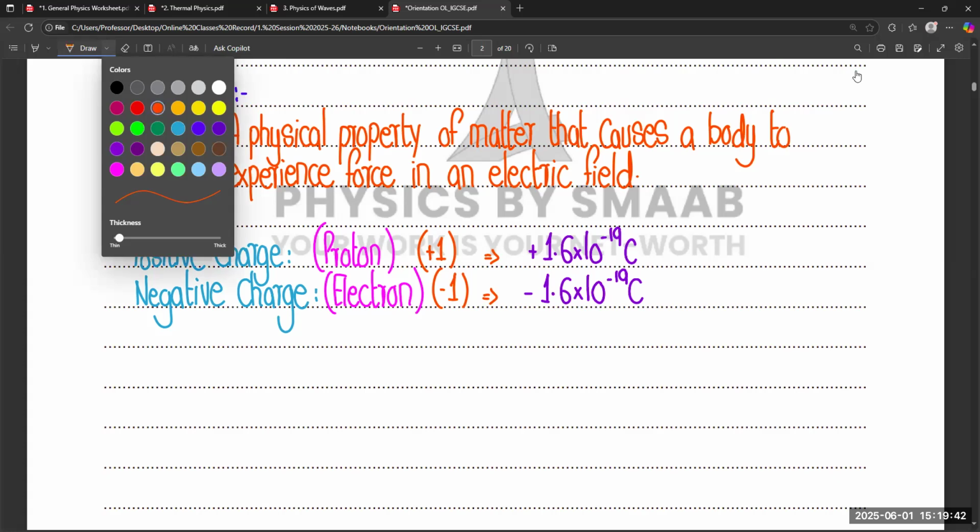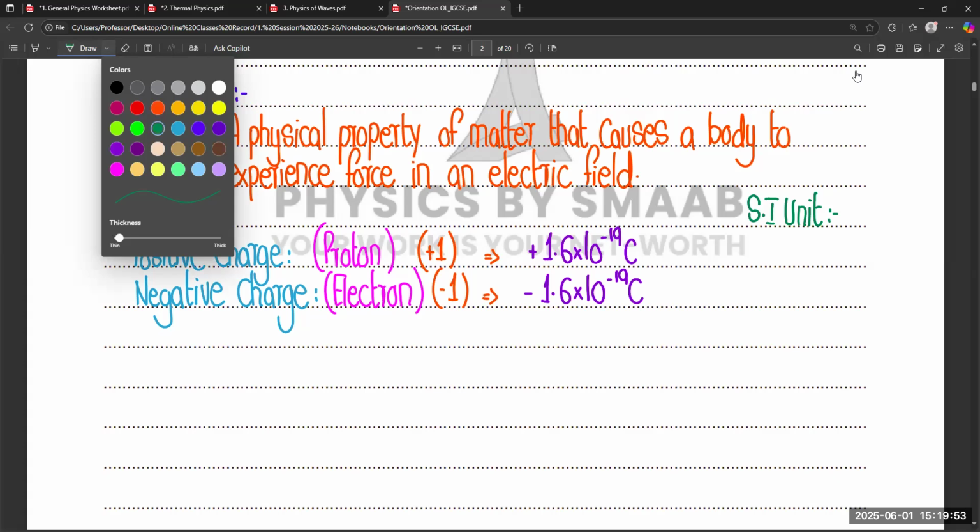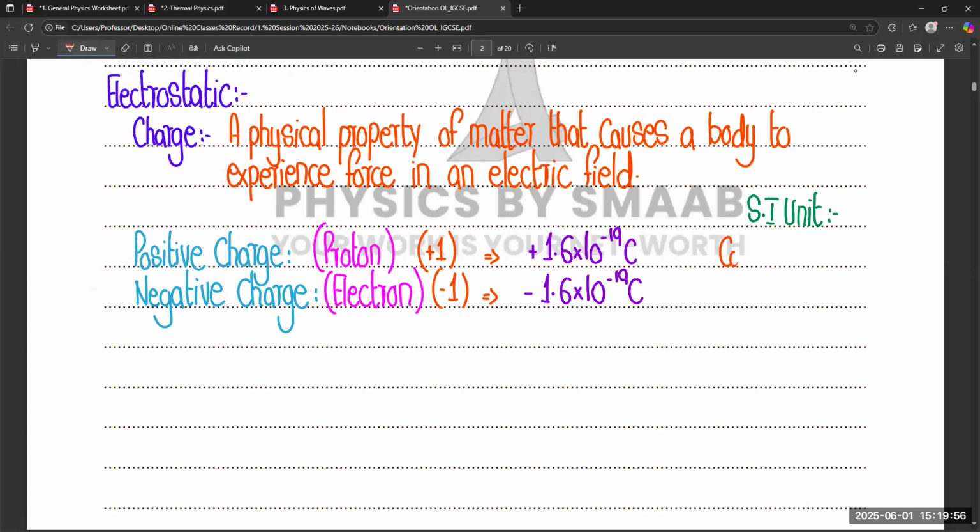Coulomb is the SI unit of charge, named after the scientist, because we have Coulomb's law in electricity. We will study Coulomb's law later, not in O levels and IGCSE. That's why the SI unit is called coulombs, on the name of the scientist.